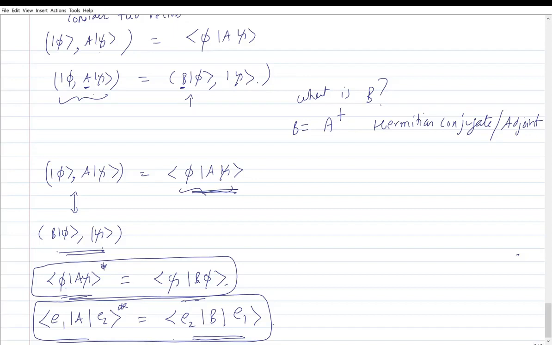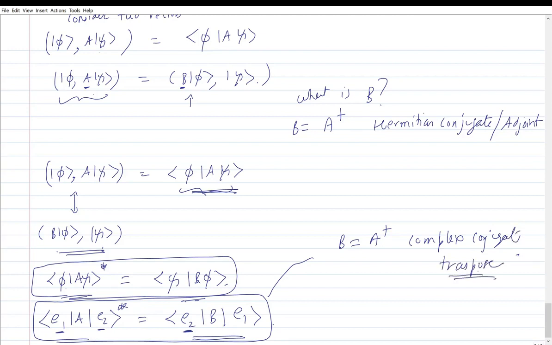So this tells me that the row becomes the column and the column becomes the row. They get swapped and the element also gets swapped. That's essentially what I mean when I call B equal to A dagger, which is the Hermitian conjugate or complex conjugate transpose.